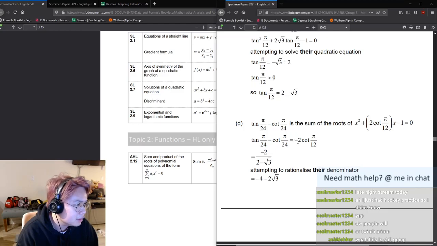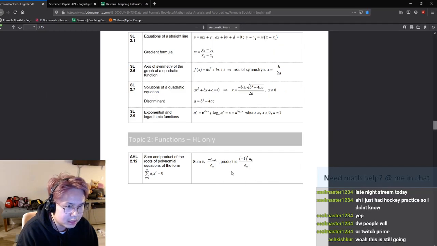So it should be equal to the negative, and yeah.